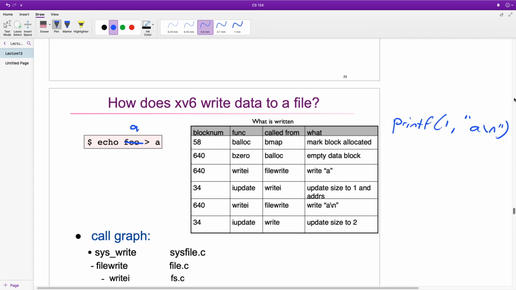Okay, so not a fast thing, as we know. System calls are not fast, so one wouldn't want to do that. One would want to buffer, but printf doesn't. So printf prints each character at a time.